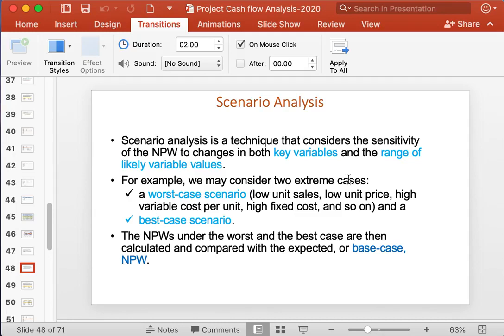In case of scenario analysis, sensitivity of net present worth to changes in both the key variables and the range of likely variable values are used. So that way we are taking care of the changes in the key variables and the dependencies amongst the key variables.